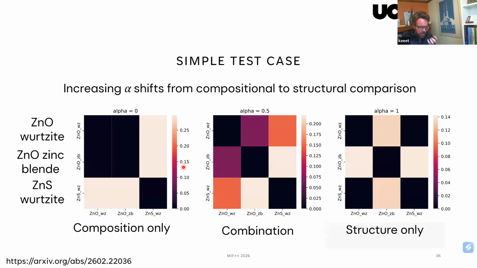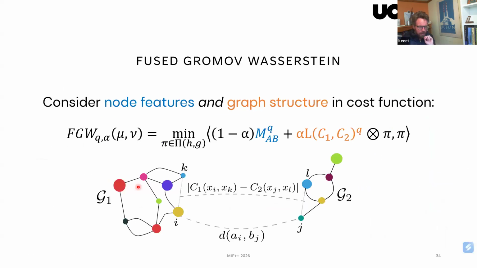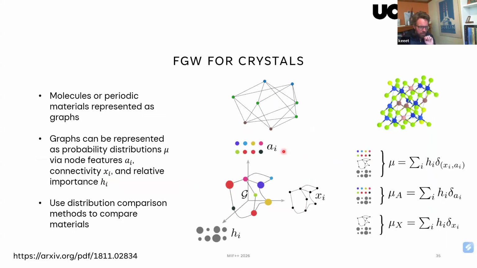And this is an example. Taking a simple example from chemistry, you can look at zinc oxide. If you look at the composition only, so if we go back, this is essentially saying we set alpha equal to 0 here, so we use all composition in our distance.